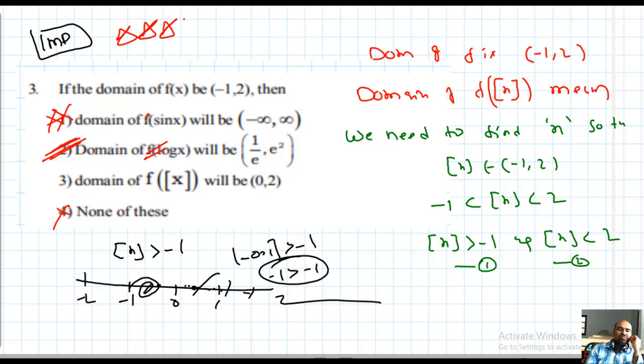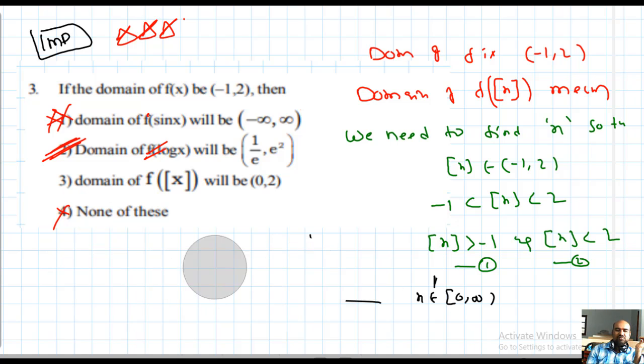Means these values you can't take. 0 you can take, but less than 0 you can't take. That's what I can say. So 1 gives x belongs to closed 0 to infinity. That is important.